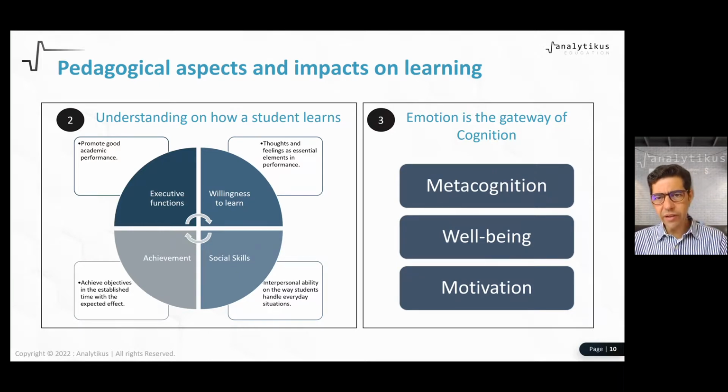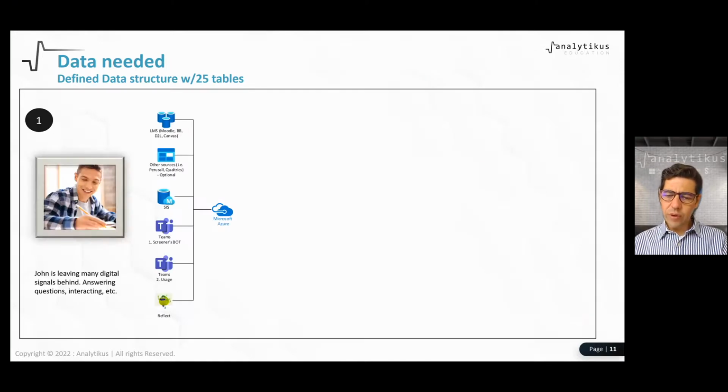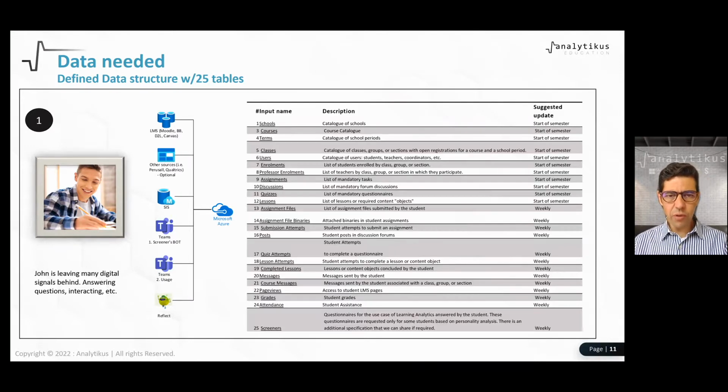We're clear that emotion is the gateway for cognition. The data is coming from several sources, but at the end, we put together a data structure of 25 tables, put together from 120 variables that help Emilia understand the different areas of opportunity.